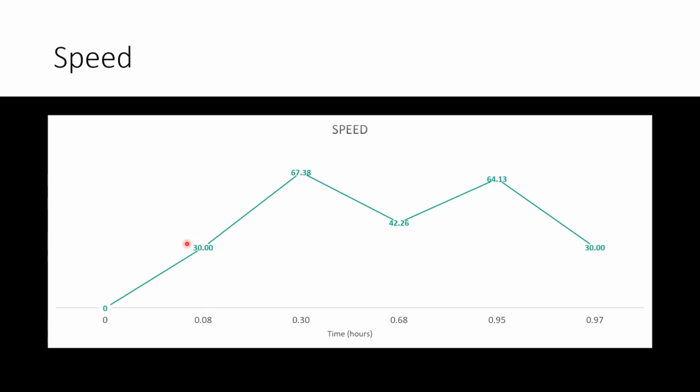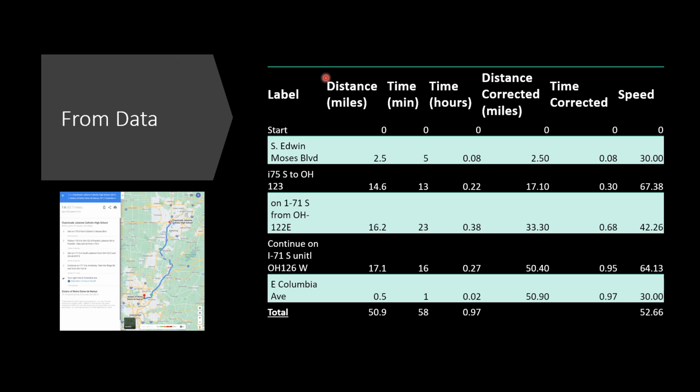So 0.5 times 0.08 times 30. That's going to be 1.2 miles. However, if you move back to the actual case, you've covered 2.5 miles.